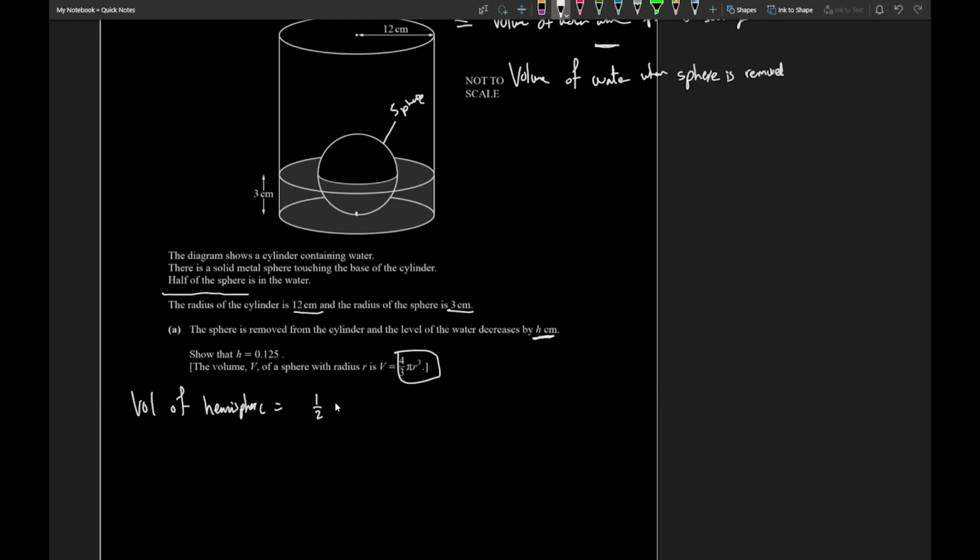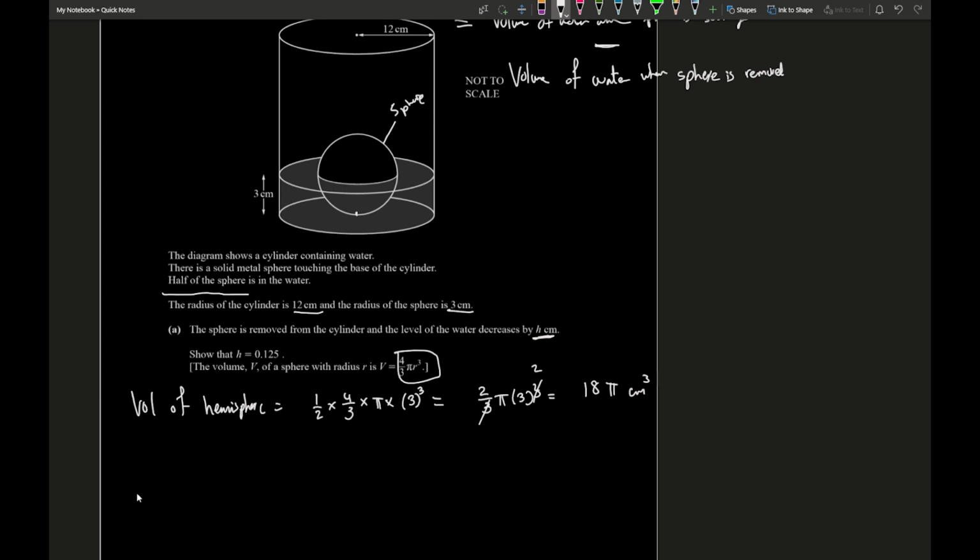So half times 4/3 times pi times r cubed, and r is 3, so 3 cubed. This is equal to 2/3 pi times 3 cubed. You can just eliminate this, and it will become a 2. 9 times 2 is 18. So the volume of the hemisphere is 18 pi centimeters cubed.